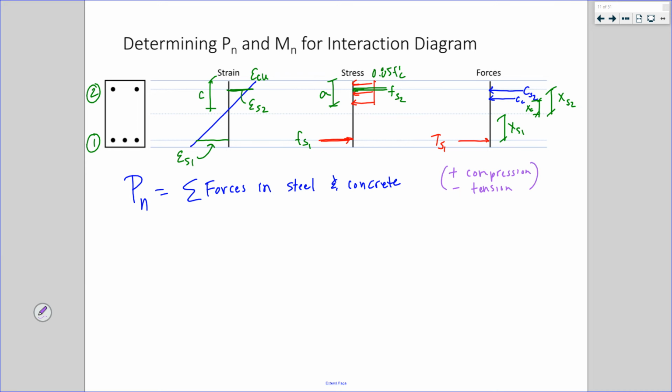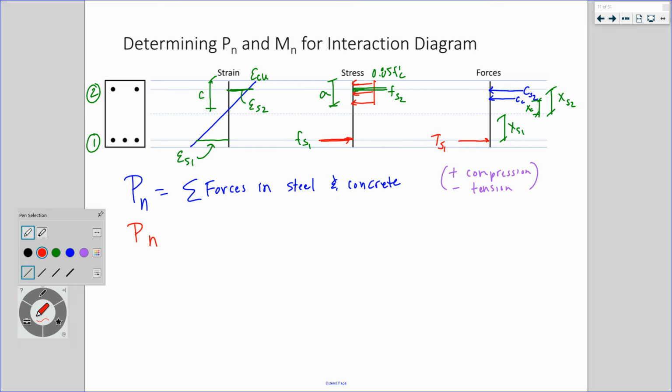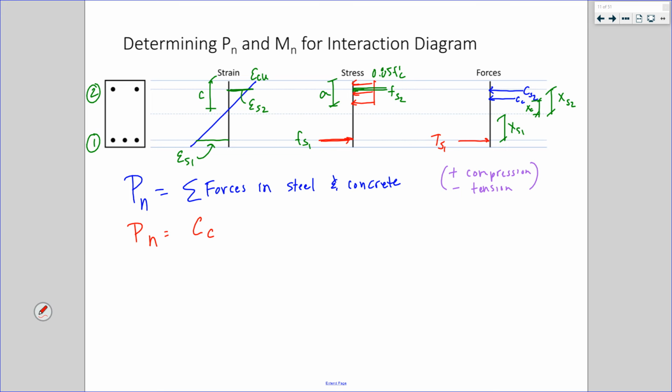So in this scenario, Pn is equal to the compression force in my concrete plus the compression force in my compression steel, which is CS2, minus the tension force in my tension steel, TS1. Hopefully that's greater than 0.